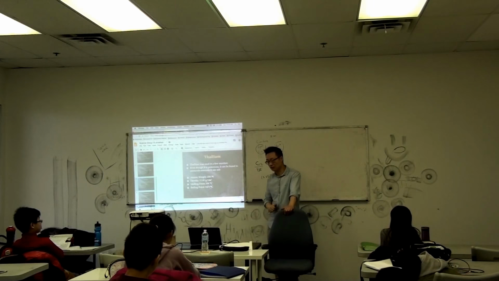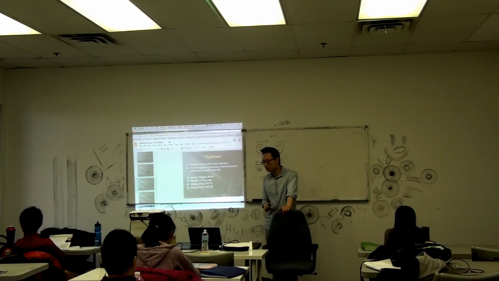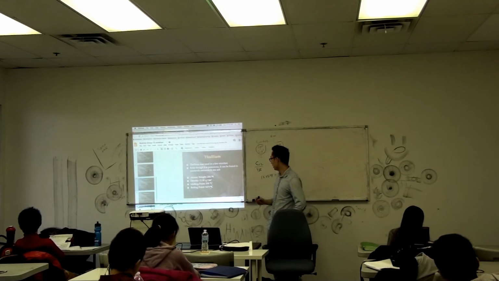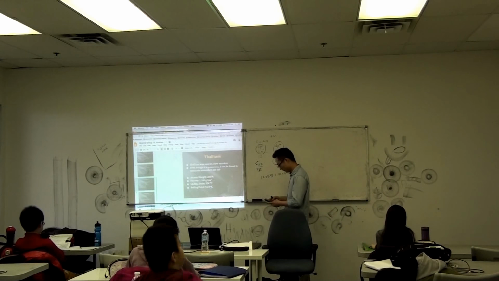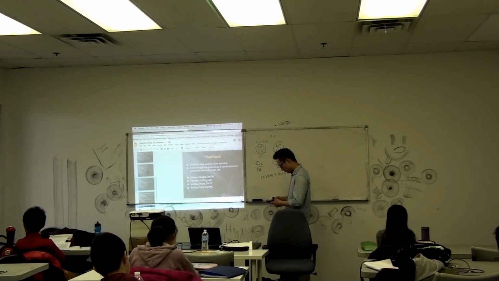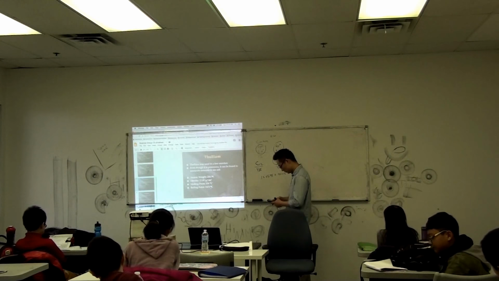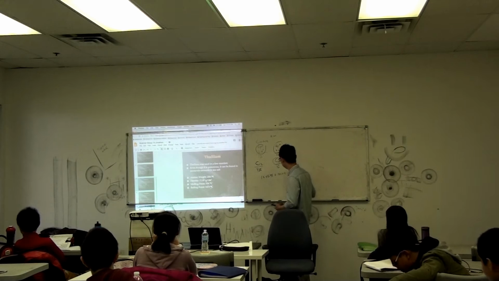Do you get a decimal? Of course. Let's calculate this. 12 times 0.98 plus 14 times 0.02, you get 12.04.